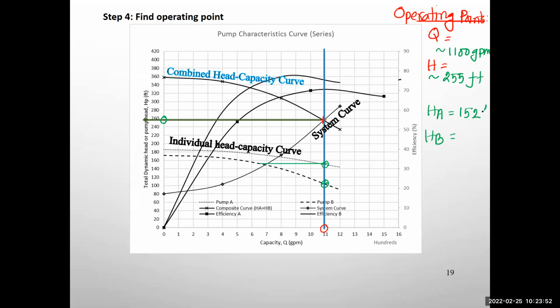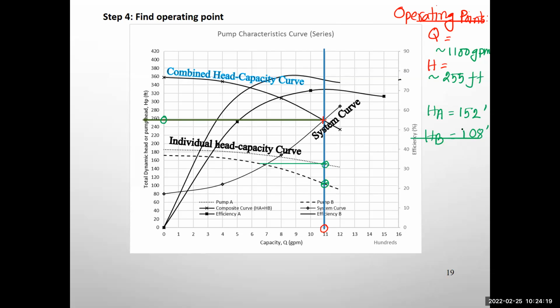What about pump head B here? 105 or something like that. So together we are getting 257, but 108. Okay. So I will write down that, but you see, if you add this together, you are getting 260.